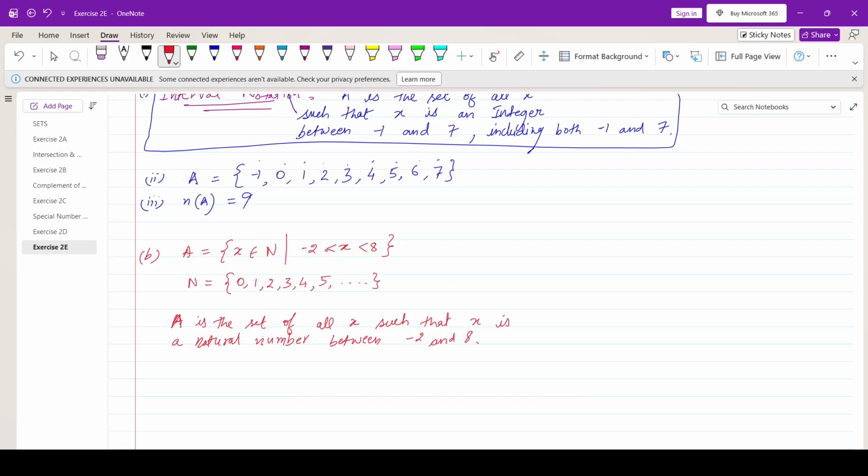Why? Because we do not have an equal sign here.